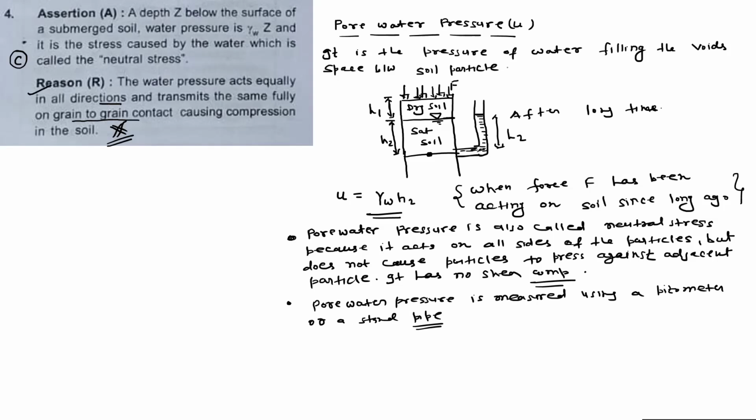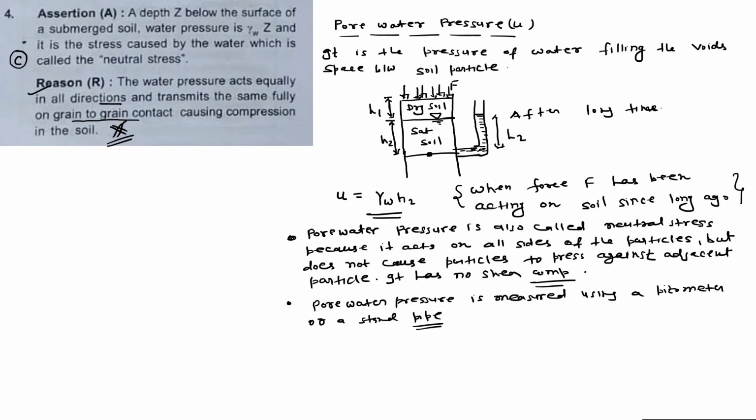Total stress is also a measurable quantity, but effective stress is not a measurable quantity. Pore water pressure is measured by a piezometer. So this is all about question number 4.